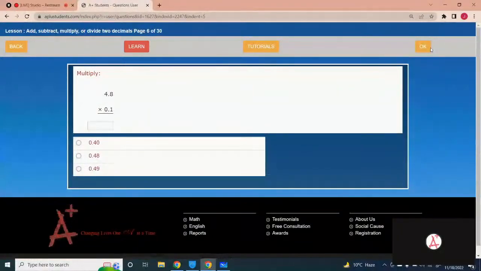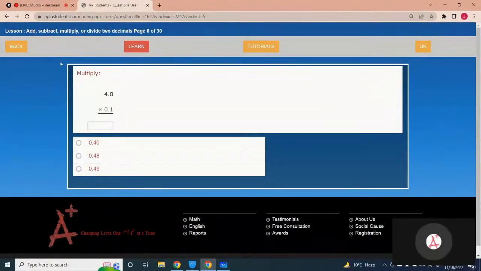Okay, 4.8 times 0.1 is, very good. It is 0.48. Got it?